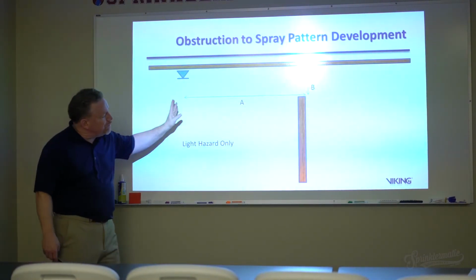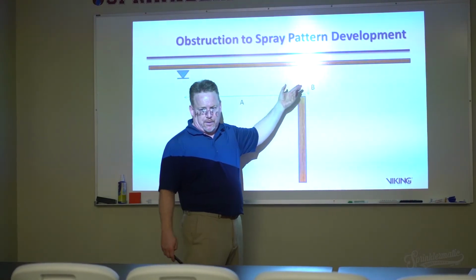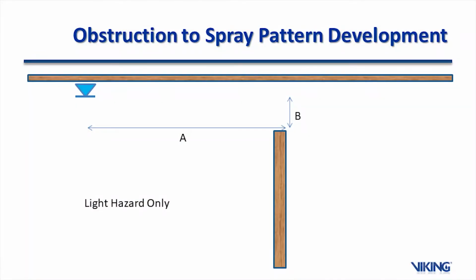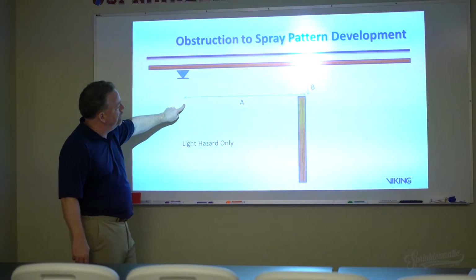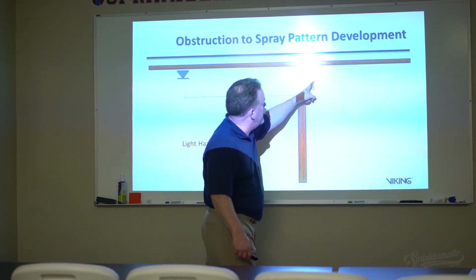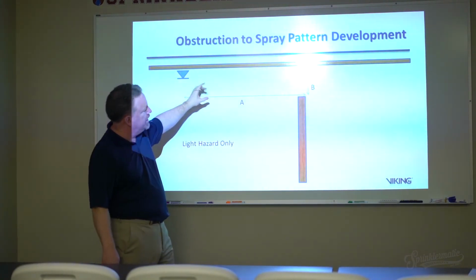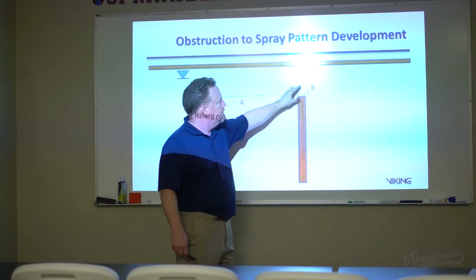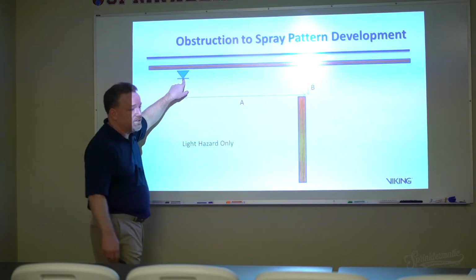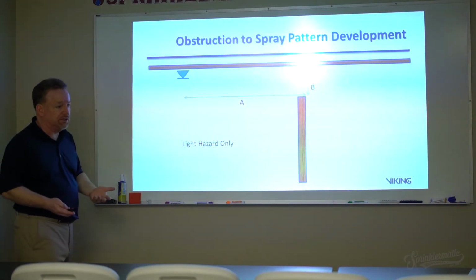Okay, another place we need to be concerned with obstructions to the spray pattern are those that grow up from the floor. Once again, light hazard only here, but we take a look at dimension A and dimension B, and depending on what this distance is, the sprinkler needs to be a certain distance above the top of what we call a floor-mounted obstruction.